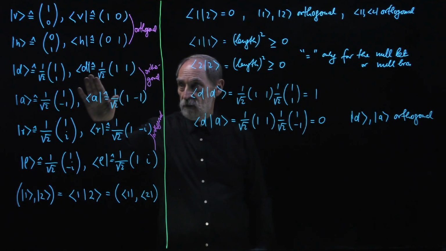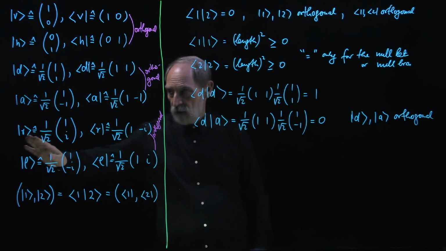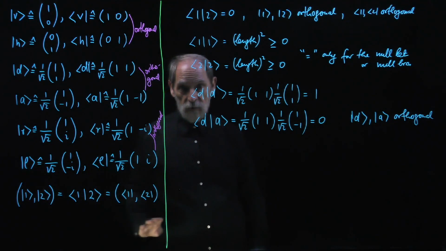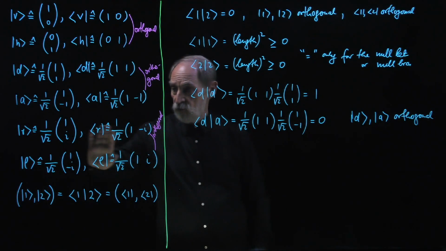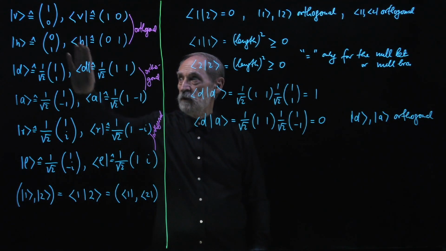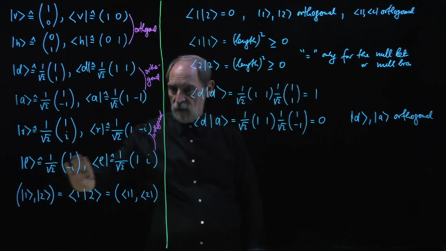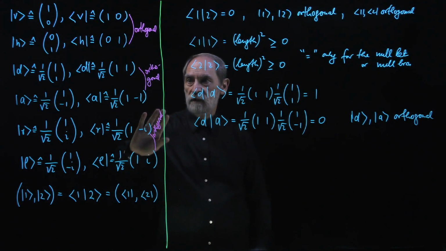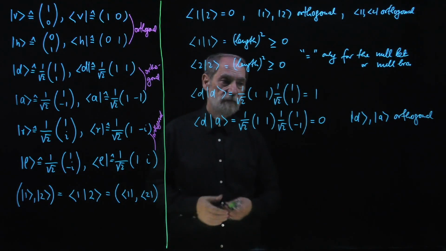If it's diagonally polarized, it's certainly not anti-diagonal polarized. If it's right-handed circular polarization, that's certainly not left-handed circular polarization. So this physical absolute distinguishability between vertical and horizontal, diagonal, anti-diagonal, right-handed, left-handed in the formalism is expressed by the orthogonality of the corresponding kets and bras.